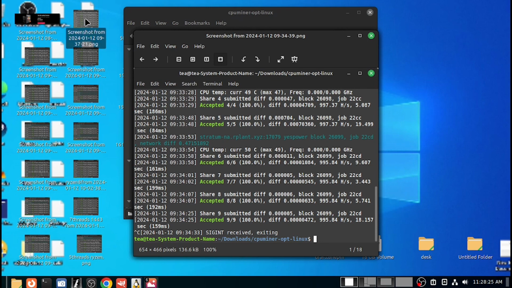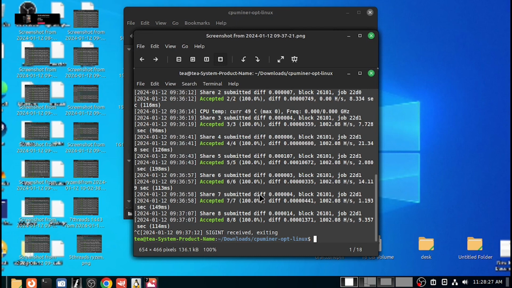Here's number 7. It only went to 102. So what I did is took the highest, which was the SSE2, and then I started messing with the thread count.